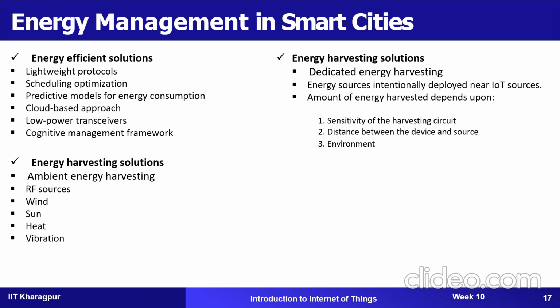Cloud based approach should be used, low power transceiver should be used, and cognitive management framework should be there. Then ambient energy harvesting system include your RF sources, wind, sun, heat, vibration. So all these are under your ambient energy harvesting system.